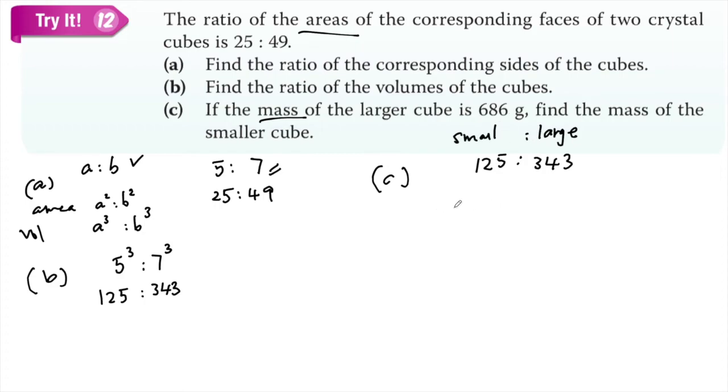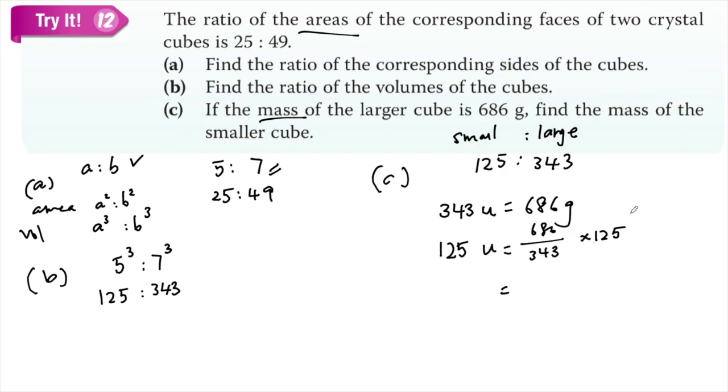We have 343 units. You can think about it this way: it's actually 686 gram. So you want to find what is 125 units. That would be 686 over 343 times 125. Although some of you can quickly see that this is just double, I prefer this method because it is more generalized.